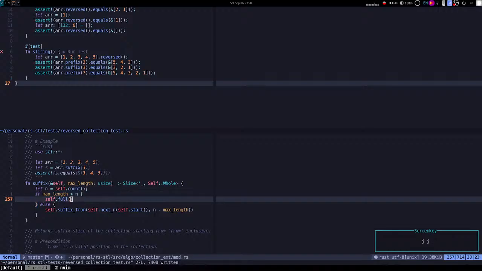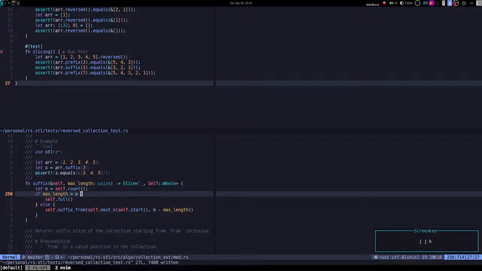So we can never get into it if max length is greater or equal to n, right? So we basically return the full thing. So that should be fine.